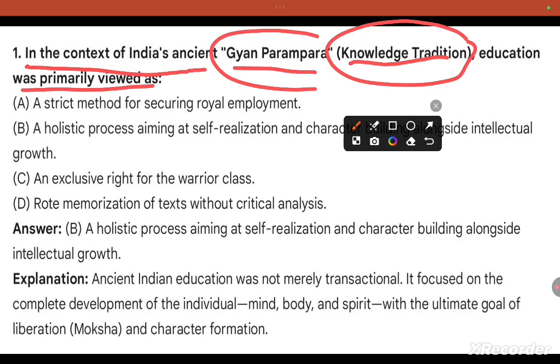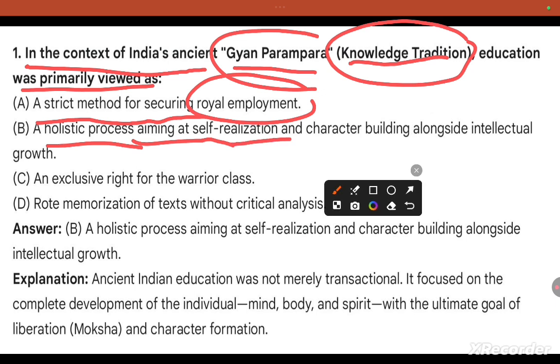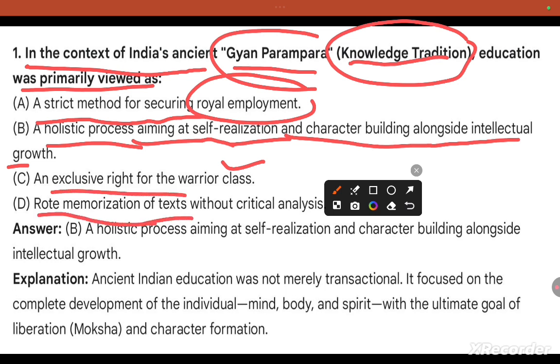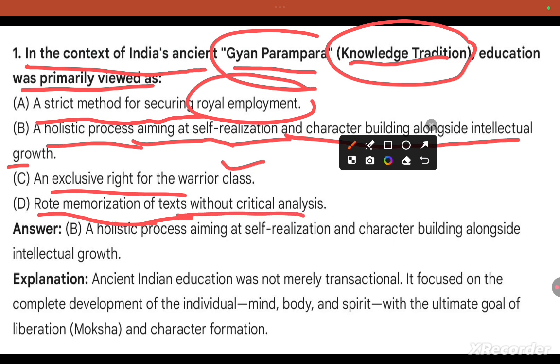A. A strict method for securing real employment. B. A holistic process aiming at self-realization and character building alongside intellectual growth. C. An exclusive right for the wiser class. D. Rote memorization of text without critical thinking.